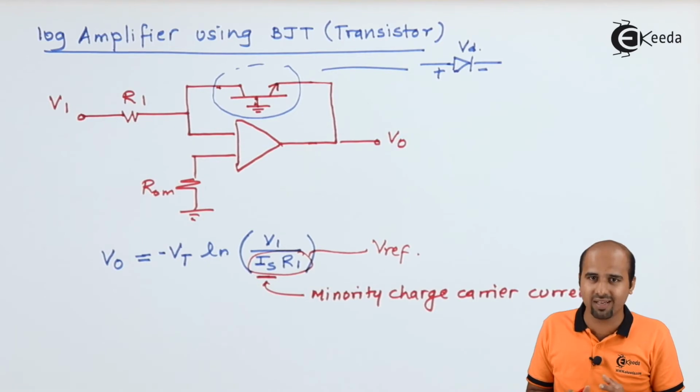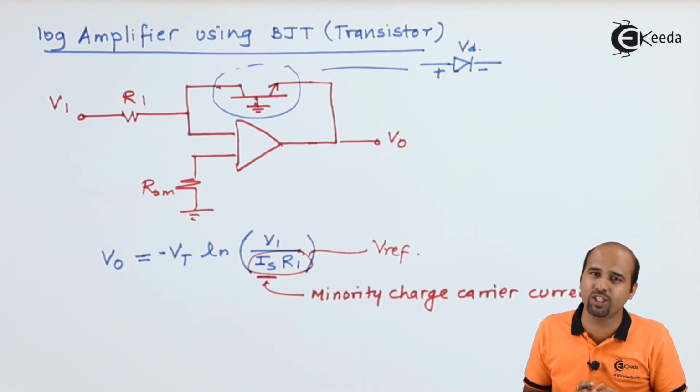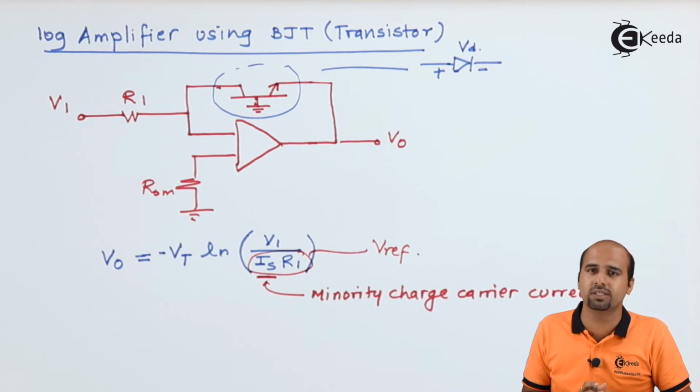I want VREF to be a constant value, and for that we have to do another circuitry arrangement such that I will be getting VO stable with temperature.